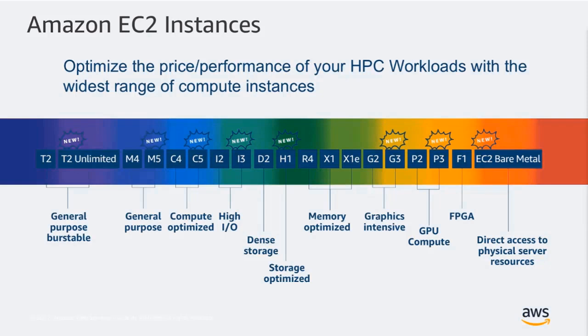The P3 instance uses the NVIDIA V100 Volta GPU, with the largest instance having 8 GPUs, and each GPU has 5,120 CUDA cores and 640 tensor cores. And the F1 instance is our FPGA instance, using the Xilinx UltraScale FPGA. At re:Invent, we also announced Bare Metal, which allows customers direct access to physical server resources.